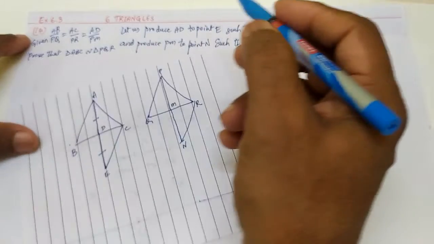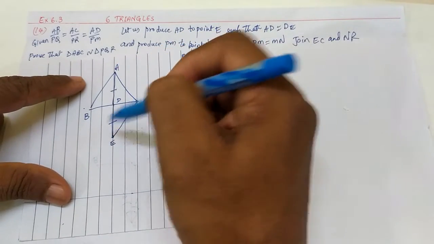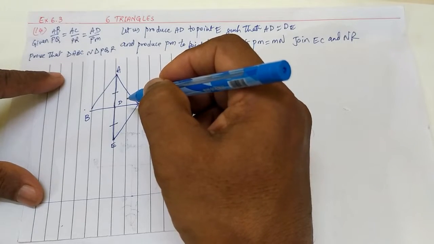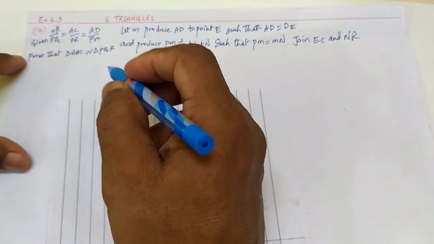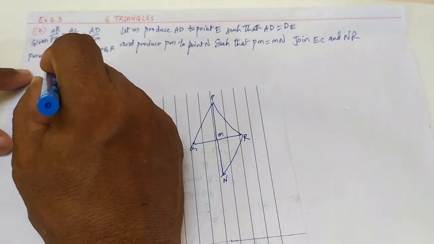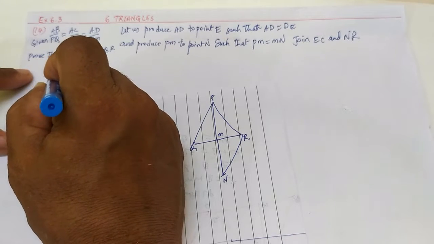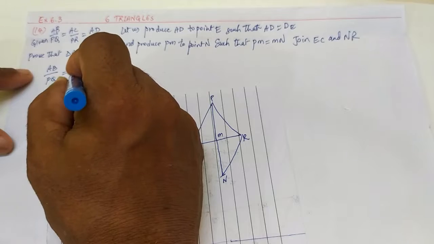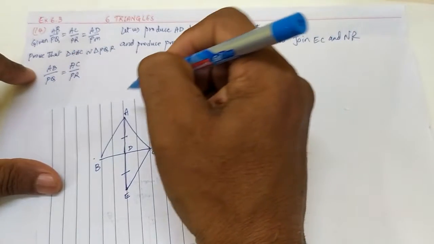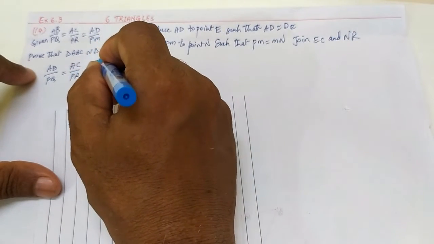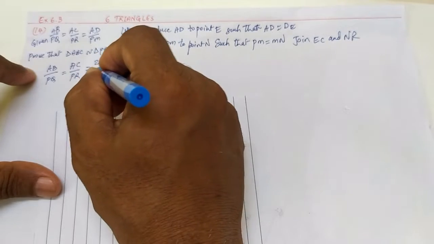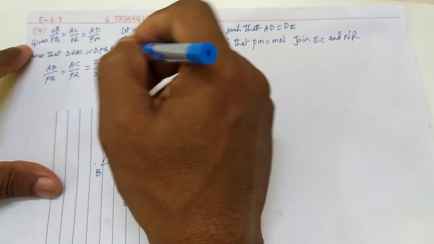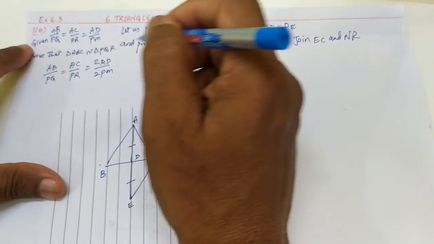So this has been given to us, AB upon PQ, but we want the sides AE and PN. To do that, we take AB upon PQ as it is, AC upon PR, and for AD we take 2 times AD upon 2 times PM. We have not changed anything, we can cancel this and get the same statement.